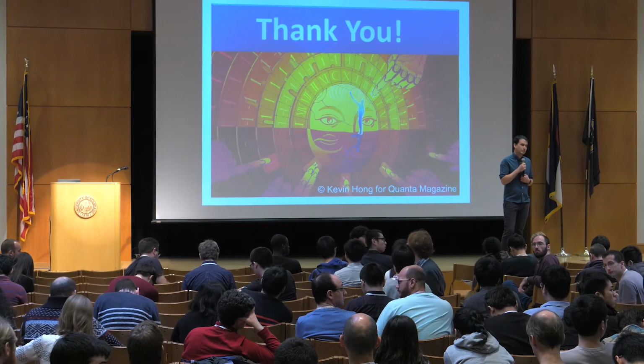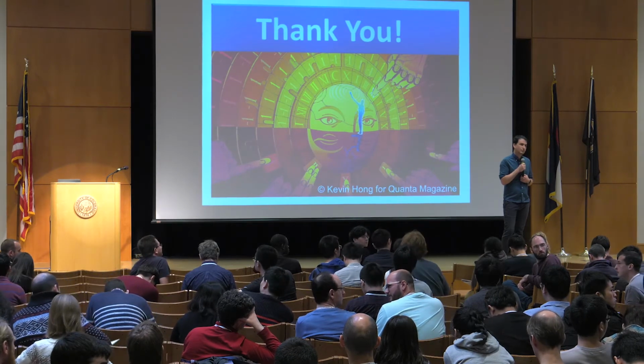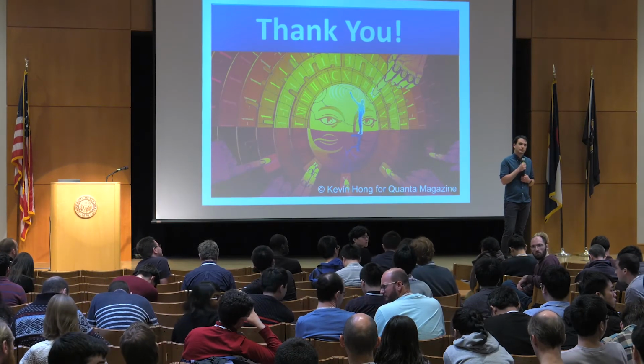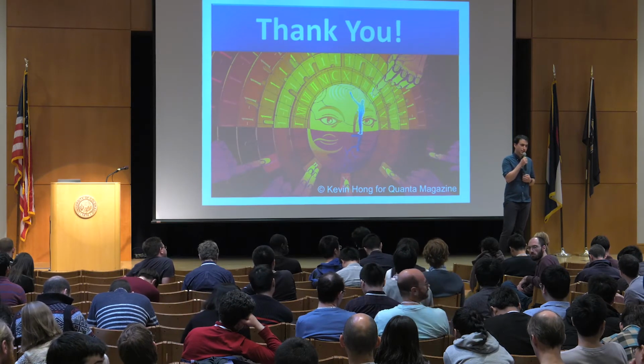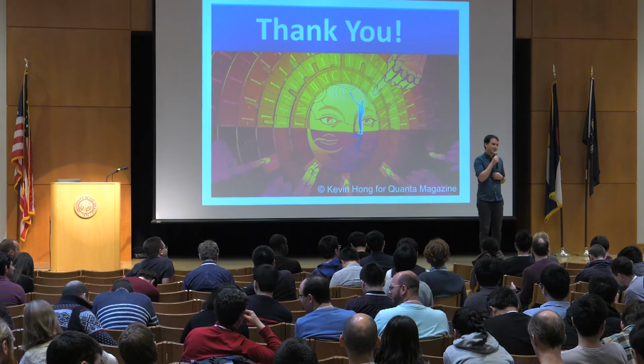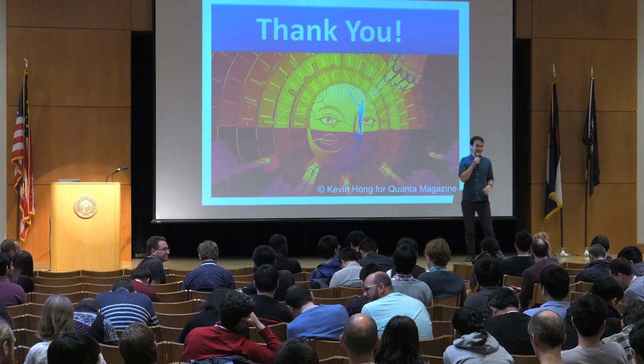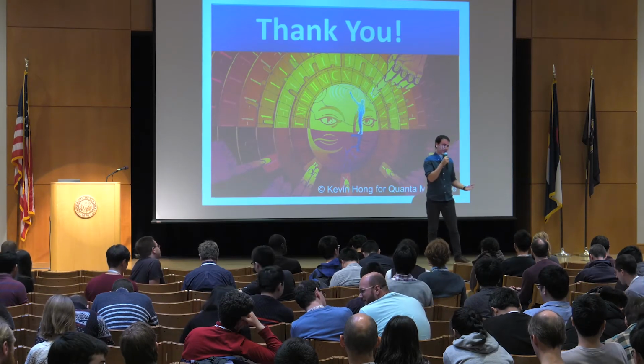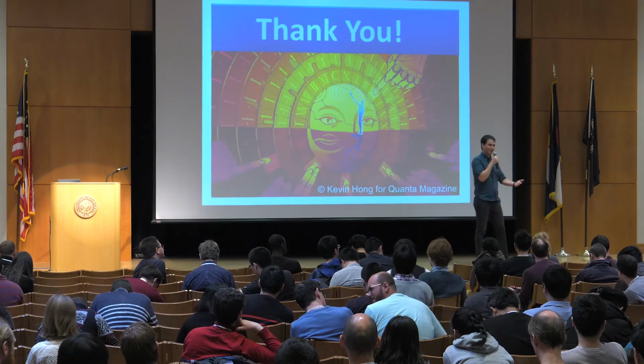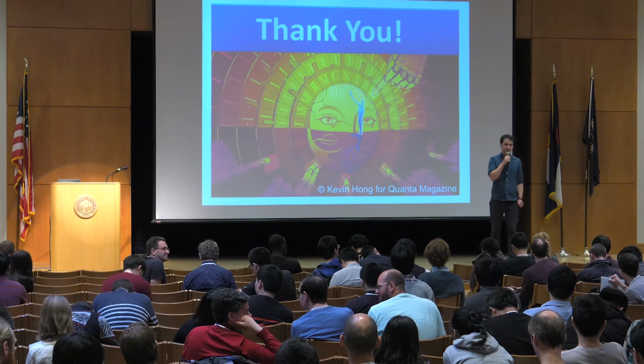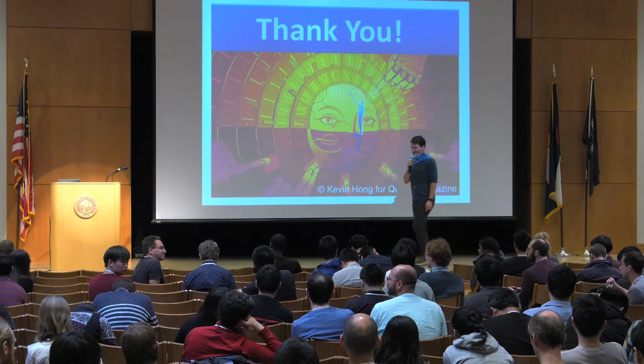Do you expect this type of oracle to be within reach for what you are doing? That's an excellent question, but I haven't thought about it, so I cannot tell you too much about it. But maybe it's good to take it offline and discuss it offline. Thanks.